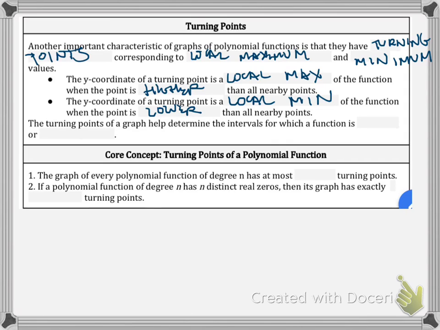The turning points of a graph help determine the intervals for which a function is increasing or decreasing. So it helps us determine where the function is increasing or decreasing.